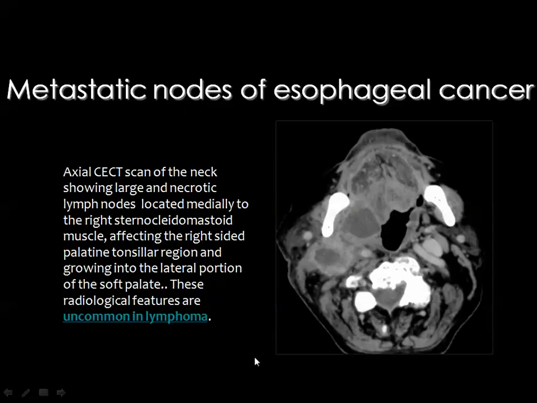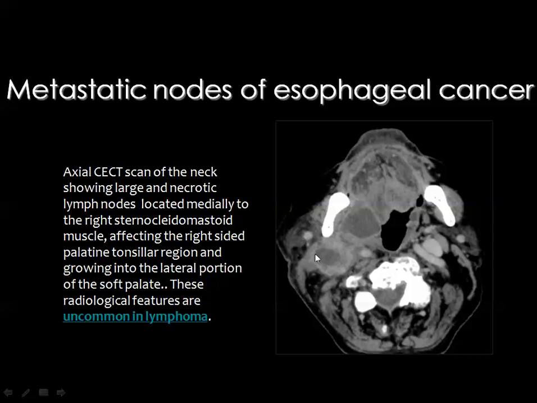And this patient with esophageal cancer had bulky necrotic lymph nodes in the right parapharyngeal area. And of course, you know that these nodes are not usually seen in lymphoma, especially nodes that contain central areas of breakdown.